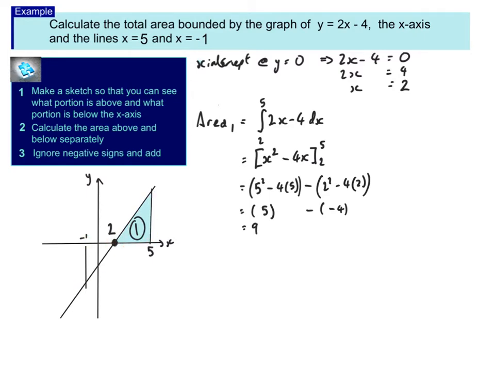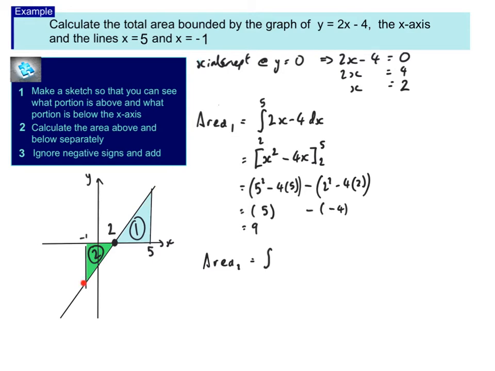I'm now going to figure out the second area. I don't need to worry about the fact it's cut by the y-axis. All I'm worried about is the fact that all of this here is below my x-axis. So I'm going to figure out this area. I'll call this area 2. Area 2 is going to be the integral of this function here.